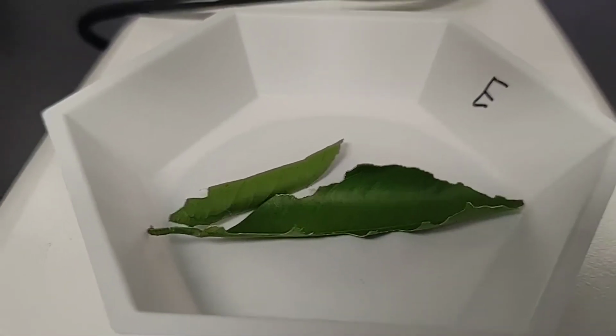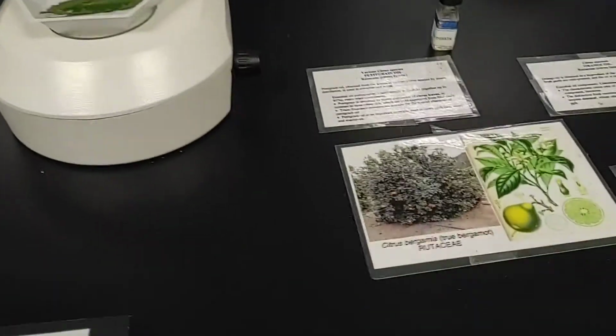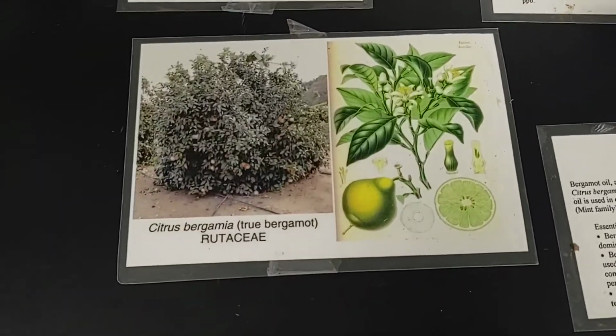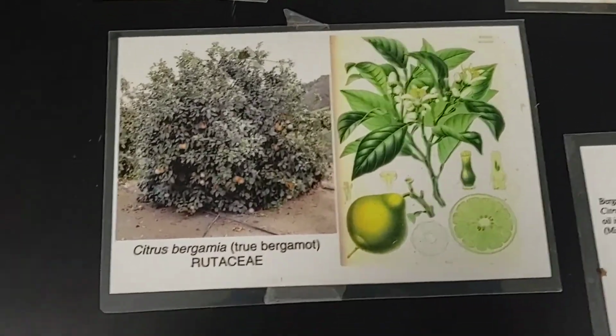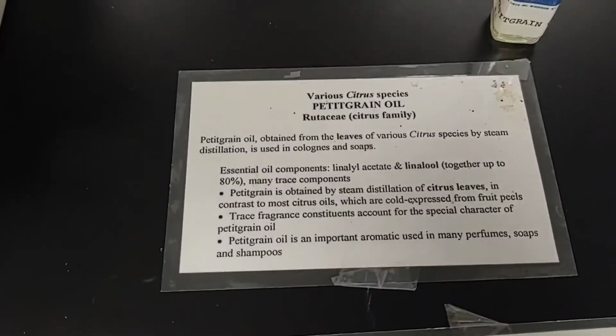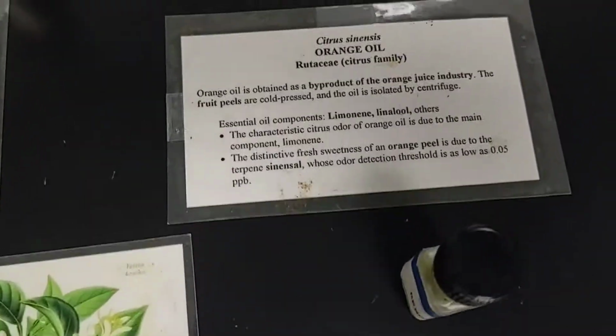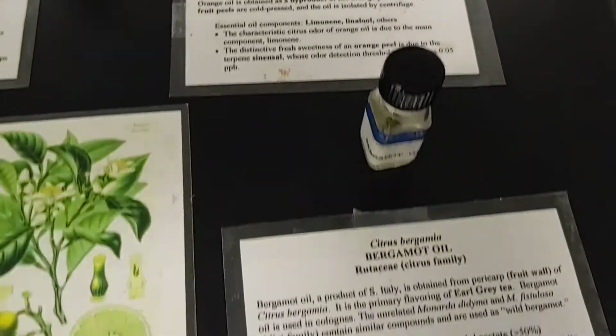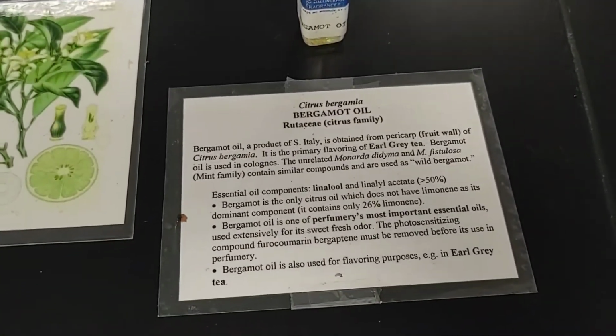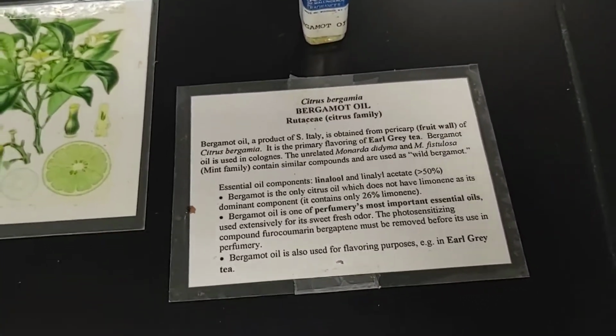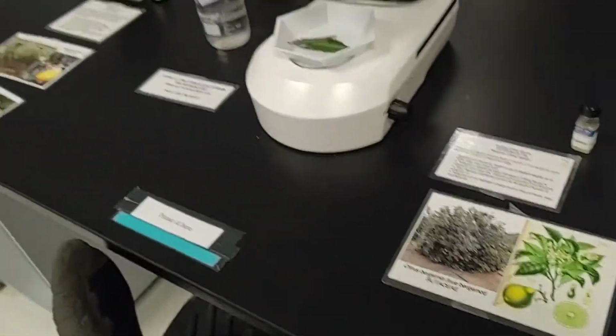It smells so good. So, lastly, we do have quite a bit of things in the citrus family. Petitgrain oil. We've got an orange oil and a bergamot oil. So there are many different essential oils from the citrus family.